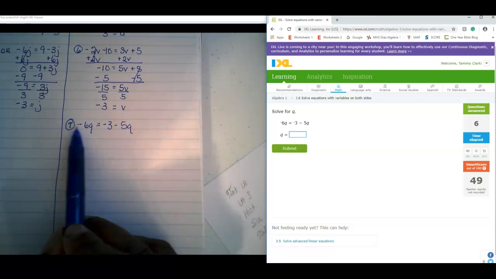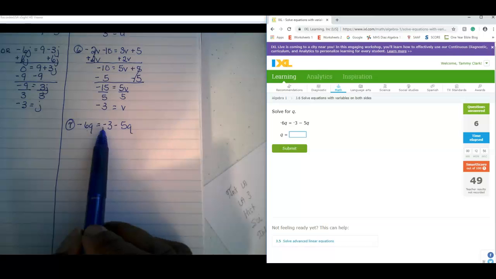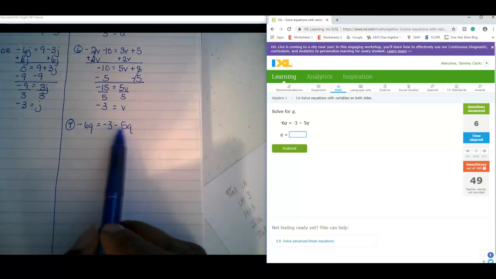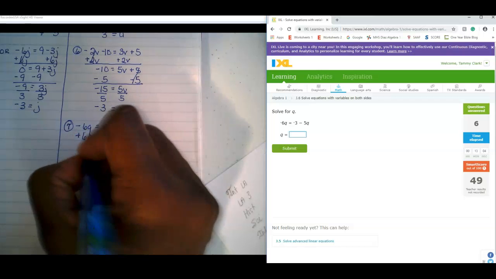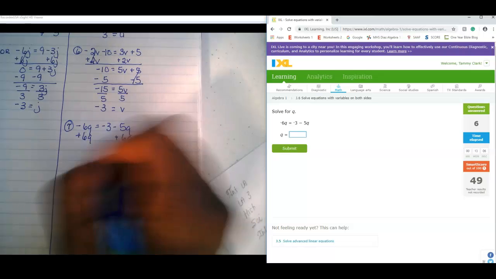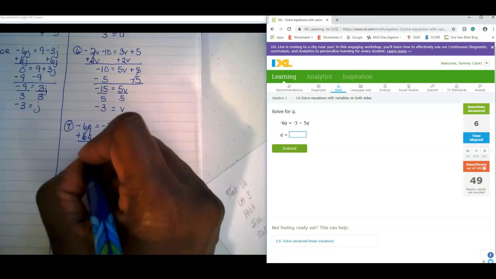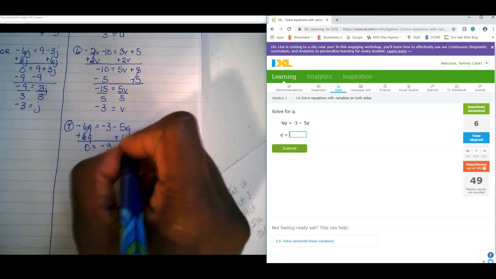Now, if you notice, we have negative 6q on the left side of the equal sign, and that equals negative 3 minus 5q. Well, the 5 is smaller than the 6, so I'm going to add 6q to both sides of the equation. And that leaves me negative 6q plus 6q is 0, equals negative 3.